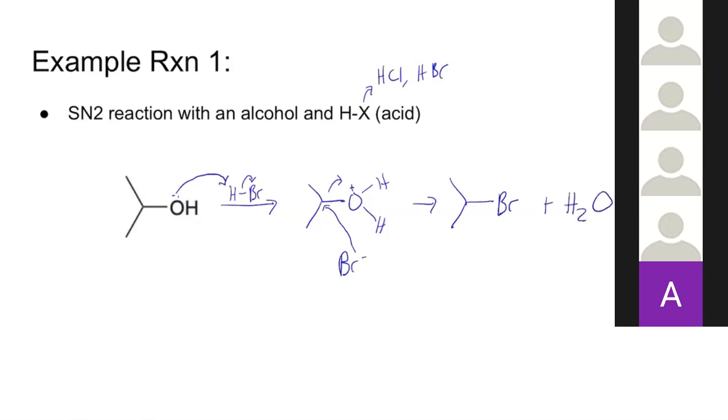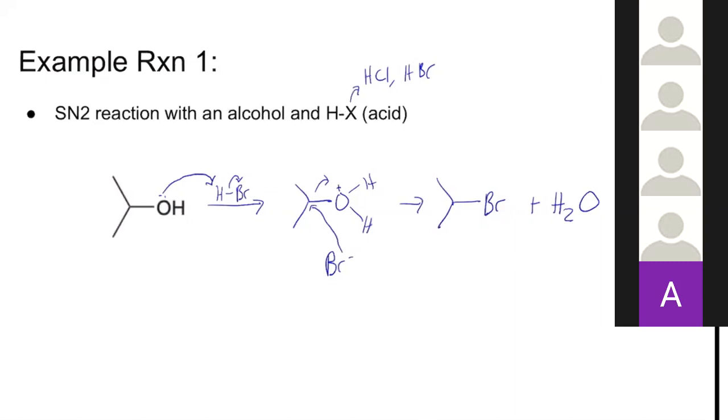And this is our product. We've now got our alkyl with a bromine on it instead of the alcohol. And of course, we have water as an additional product. So it might seem simple, but this protonation trick is super helpful for synthesis problems where you might need to get rid of your alcohol to get to your final product.